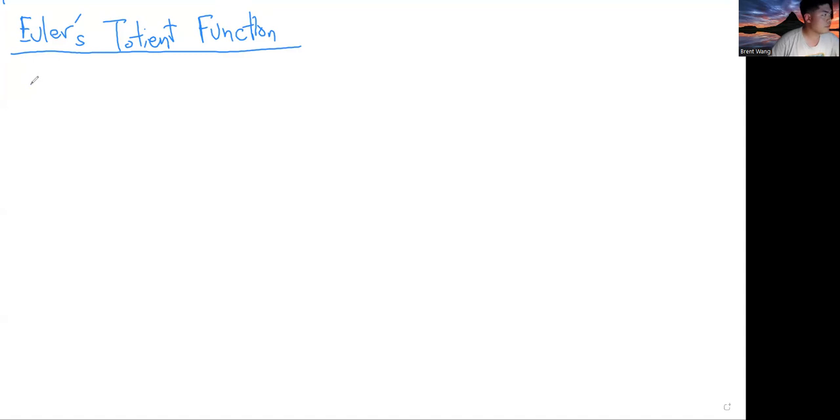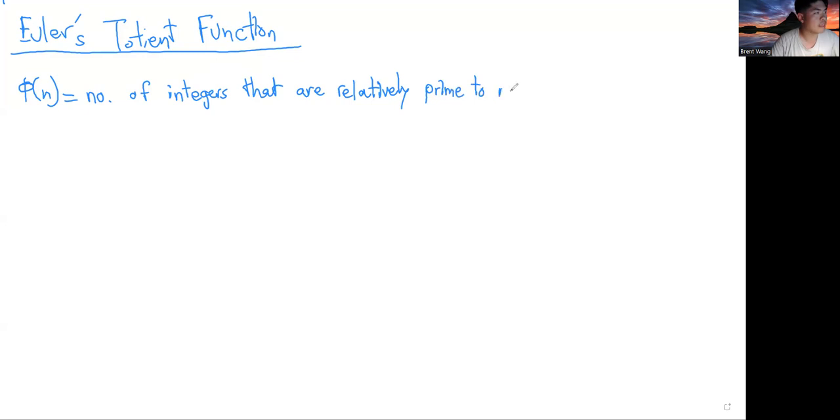Phi of n is defined as the number of integers that are relatively prime to n. So, for example, we have something like this.